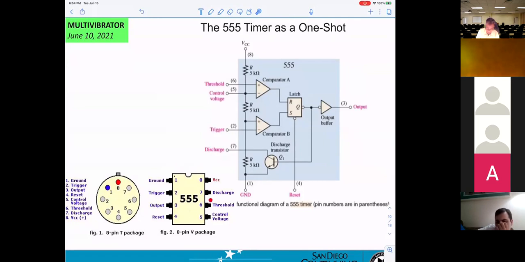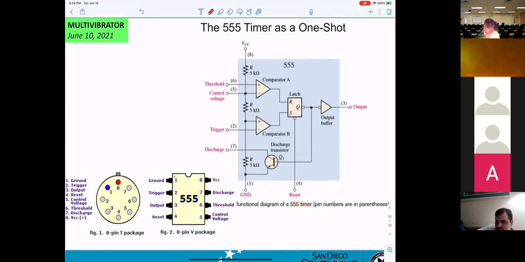It has only 8 pins. Now let's see what's going on inside that timer. The first thing we have to understand is what each part does before you can understand how it works.